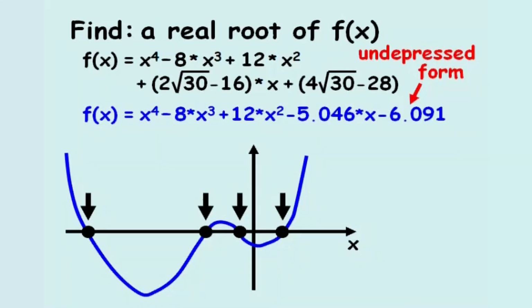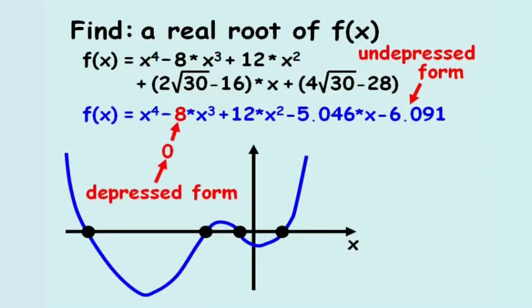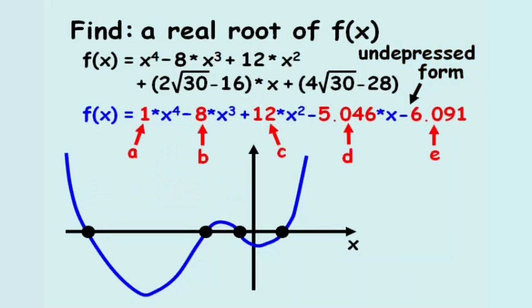First, we'll want to transform this function into a depressed form, which will drive the cubic coefficient to 0, and ultimately make the problem easier to solve. We'll begin by assigning lowercase variables a, b, c, d, and e to the coefficients of the undepressed function f of x.